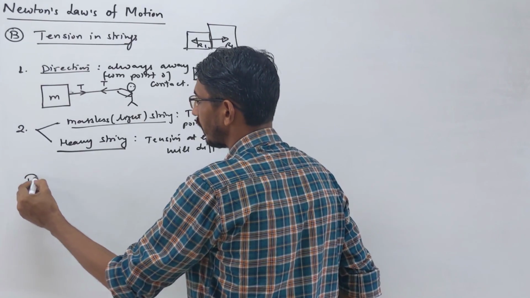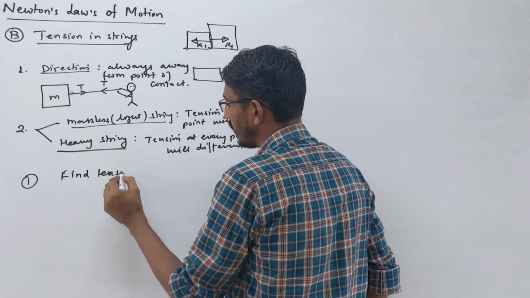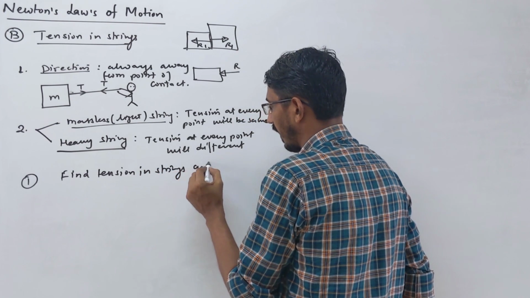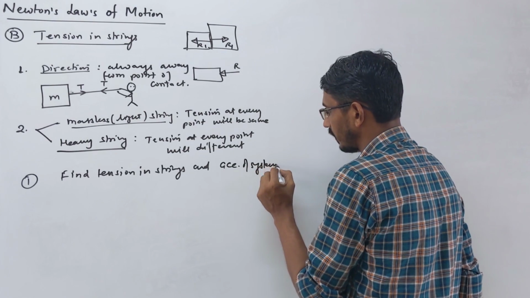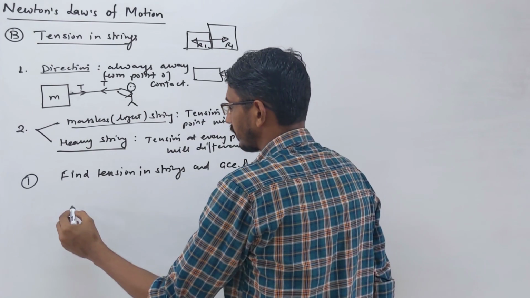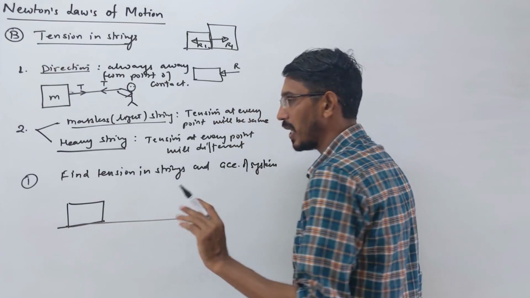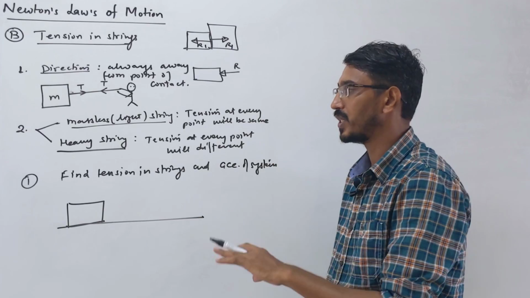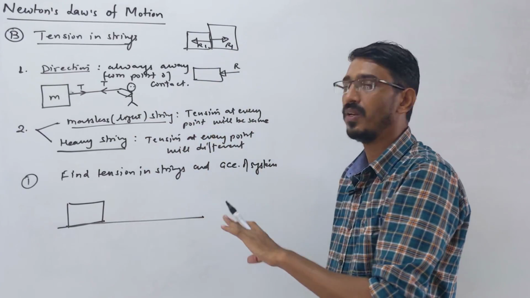Suppose this question is given to you: find the tension in the strings and the acceleration of the system. Again, here we are still not talking about friction force. Everything we are doing is without friction. Once we learn friction, then we will do all these problems, like normal reaction and tension, with friction.